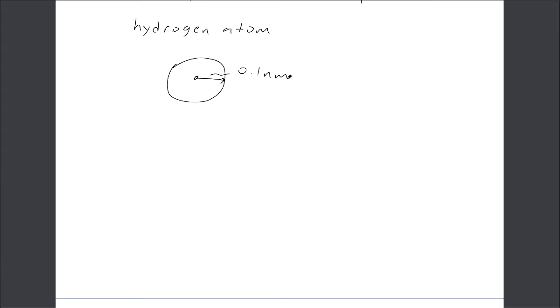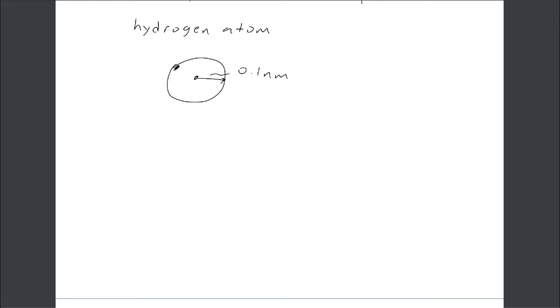We're just doing some comparisons, getting order of magnitude estimates. So if you know the electron is somewhere in this ball-shaped region that has a radius of 0.1 nanometers, this radius you can consider to be your uncertainty in the position.